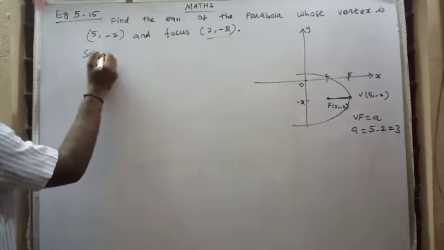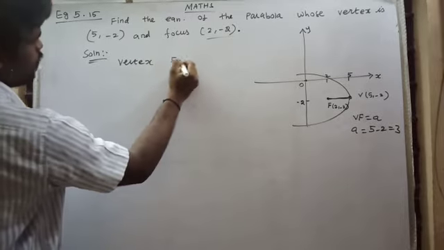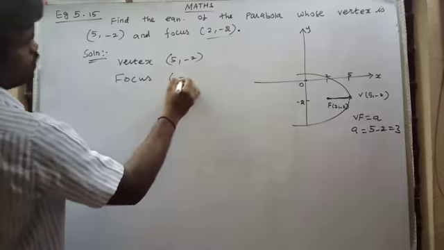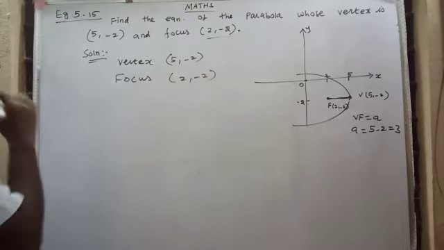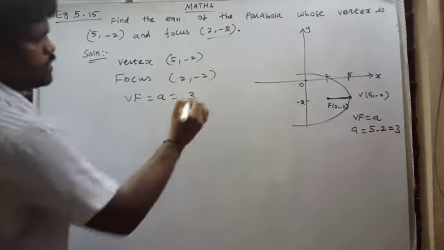Solution. Given values are vertex (5, −2), focus (2, −2), and VF = a = 3.